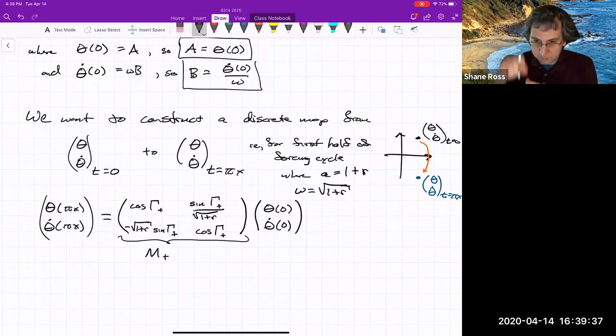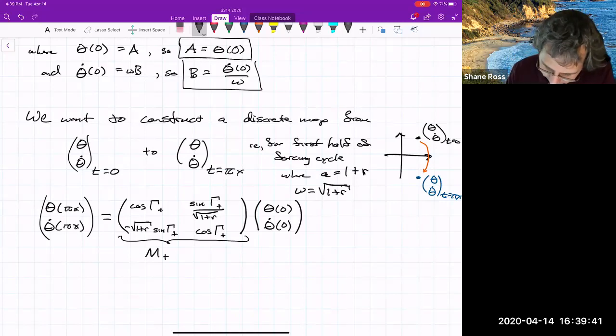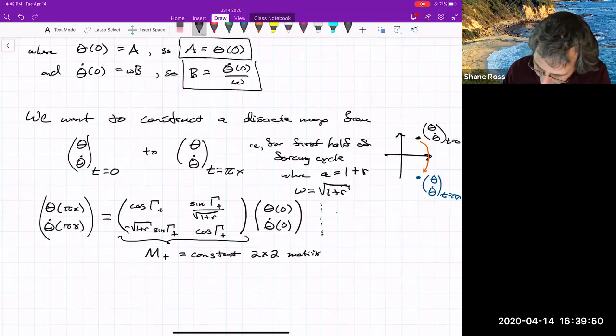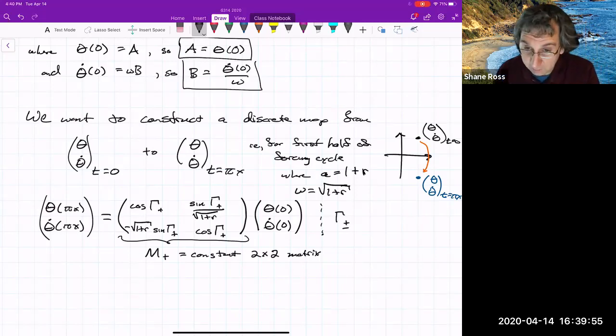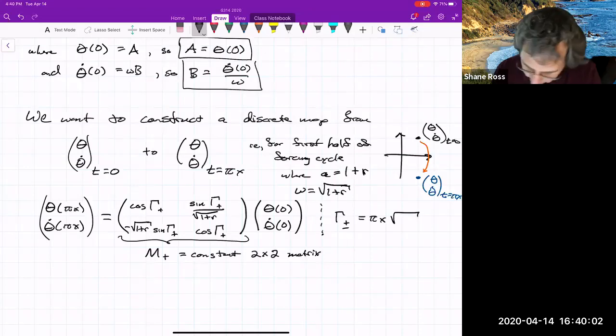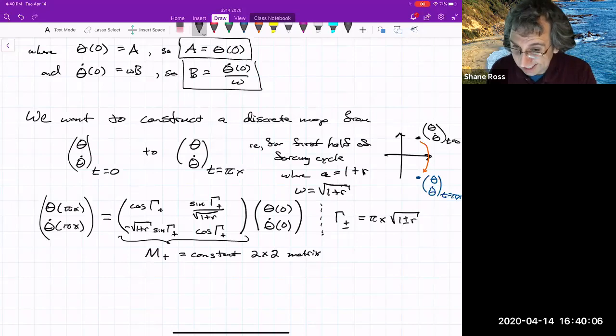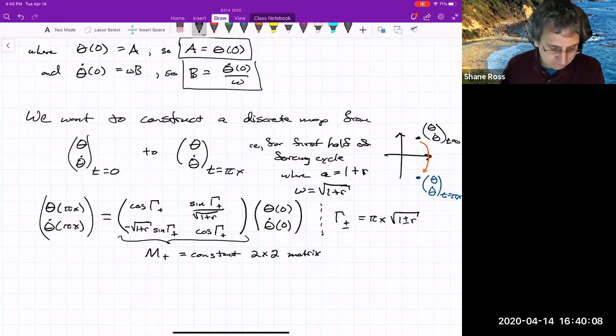The plus is for the plus r part, so the slightly more gravity. And this is just a constant 2 by 2 matrix. I should make a note of what gamma is. There's going to be a gamma minus too, so I'll define them together. Gamma plus and minus is just pi x times square root 1 plus or minus r. So that's not pi times, that's pi x.